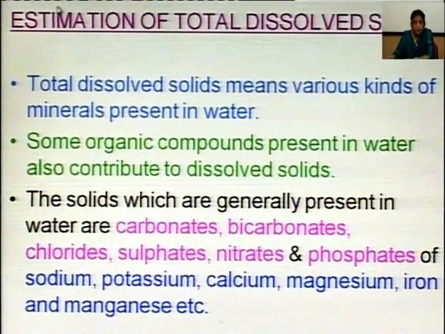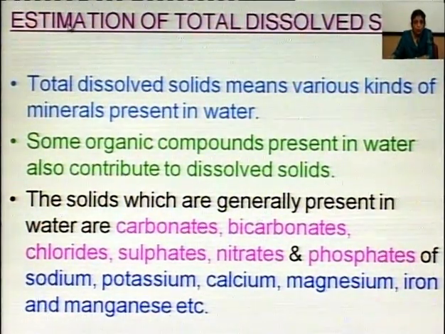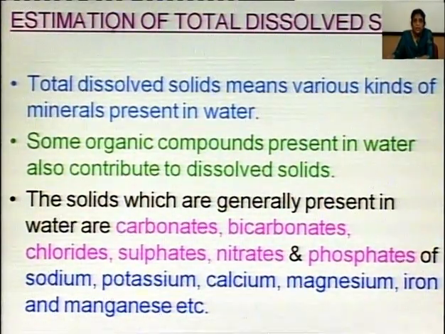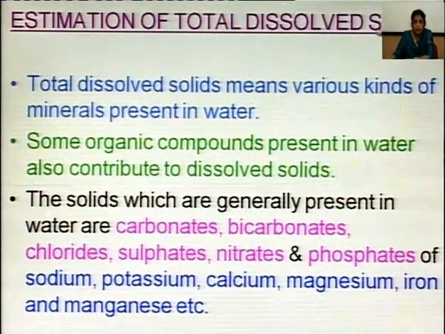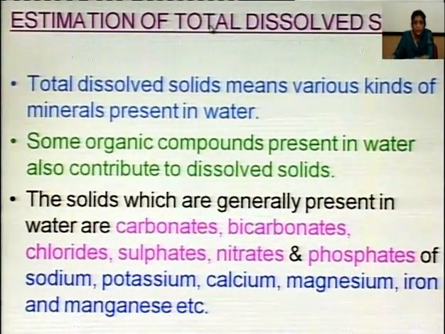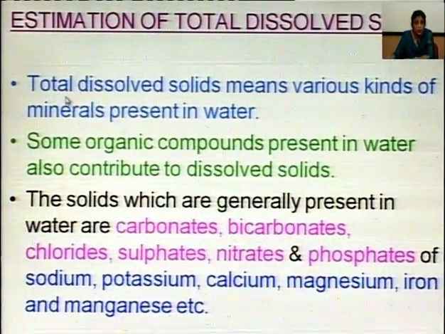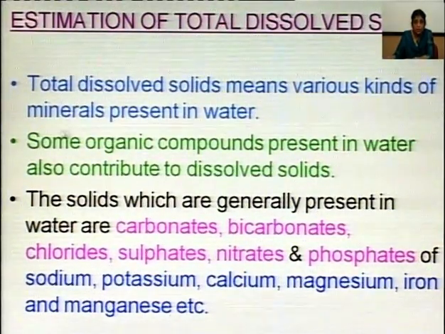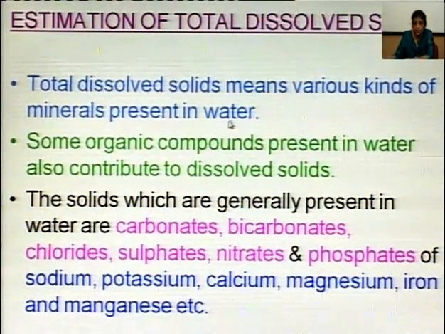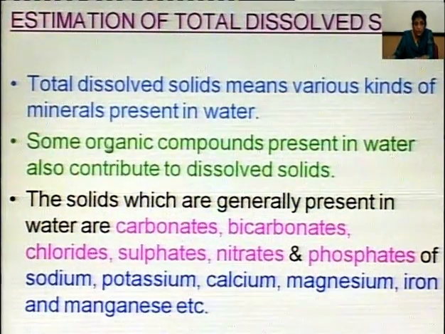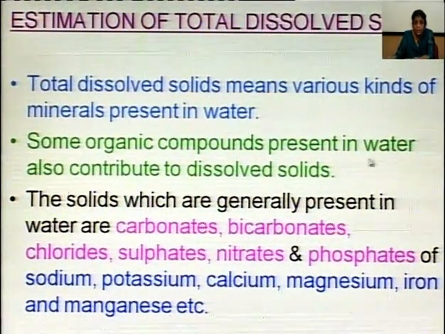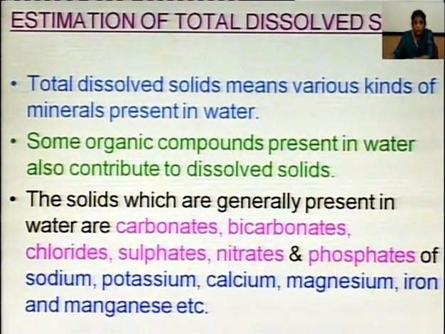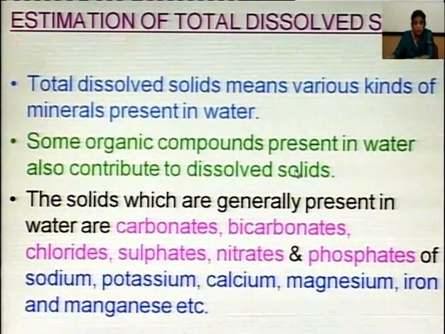Now, the second type of estimation of sample water is the estimation of total dissolved solids, which is commonly known as TDS. Total dissolved solids means various kinds of minerals present in water. In addition to that, some organic compounds present in water also contribute to dissolved solids.